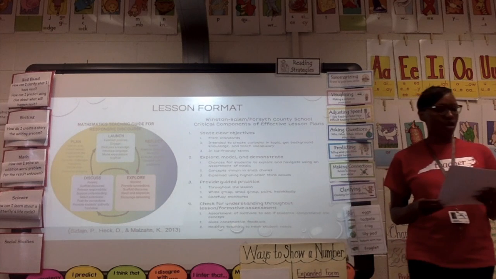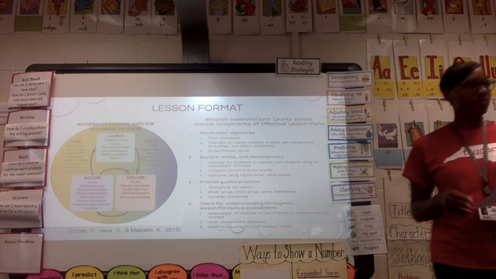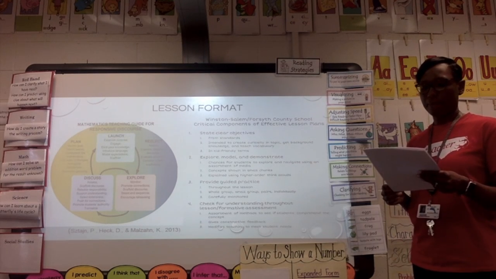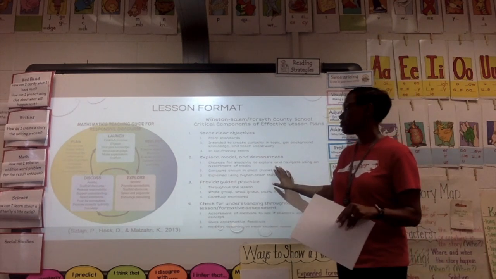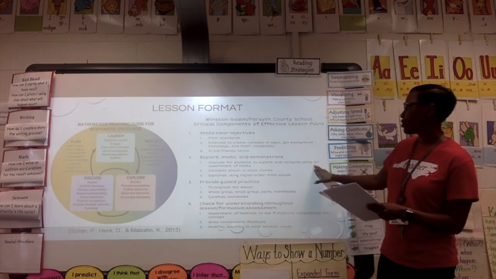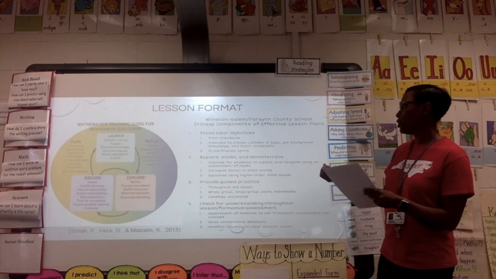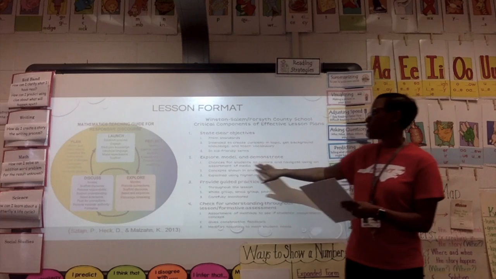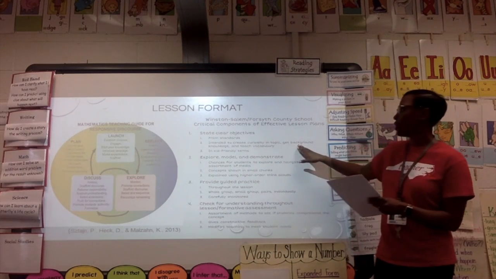Where do you think the launch falls? Under state clear objectives. Mm-hmm. And it also falls in number 2, explore, model, and demonstrate. Where you're telling them what you're going to want them to do. It's sort of like the beginning of number 1 goes into the launch part.